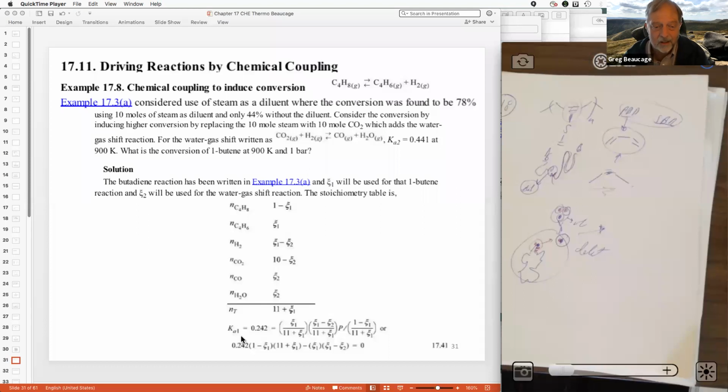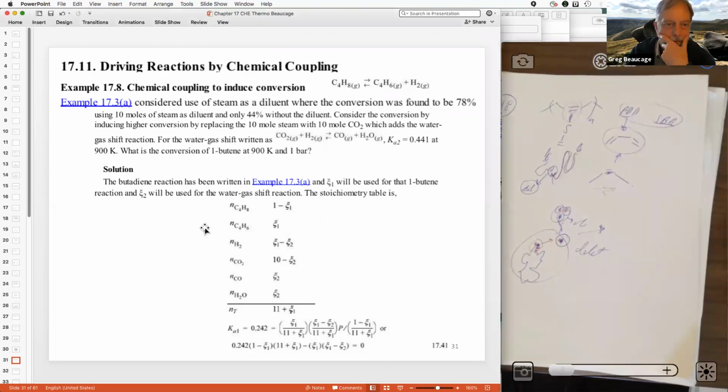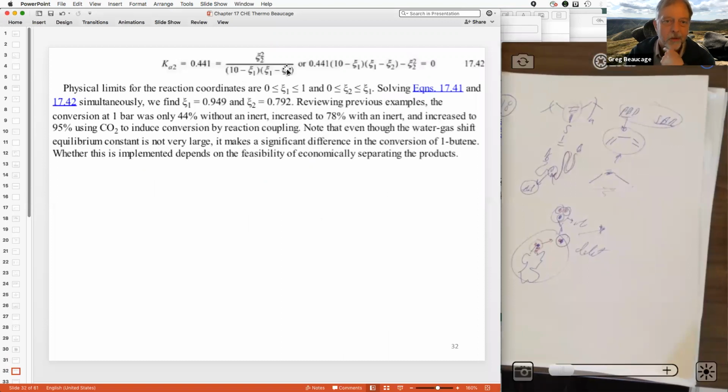So you have the equilibrium constants, and then basically it drives the reaction more. That's all.